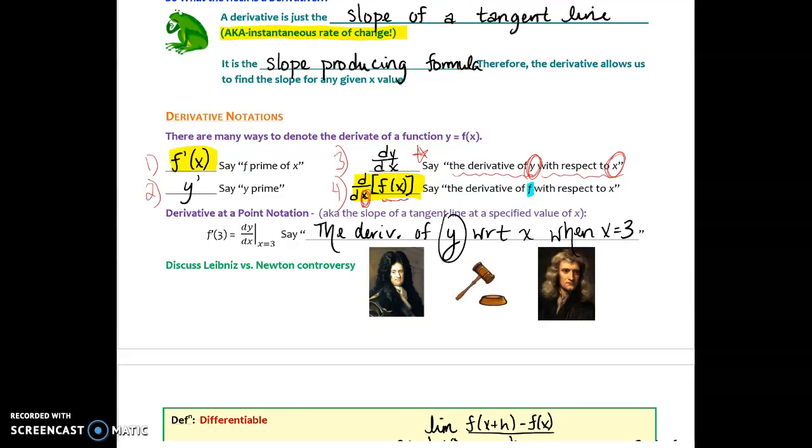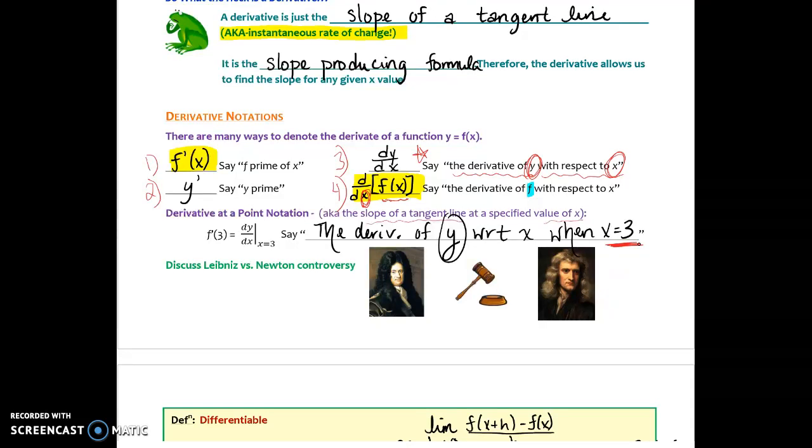The next thing says derivative at a point. If you were asked to find the slope of a tangent line when x equals 3, for example, you know that you would need to find the derivative, aka slope producing formula, and then you would need to substitute in 3.